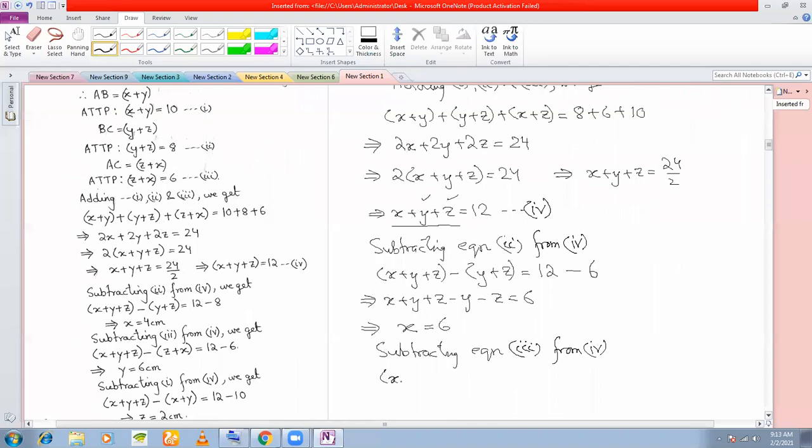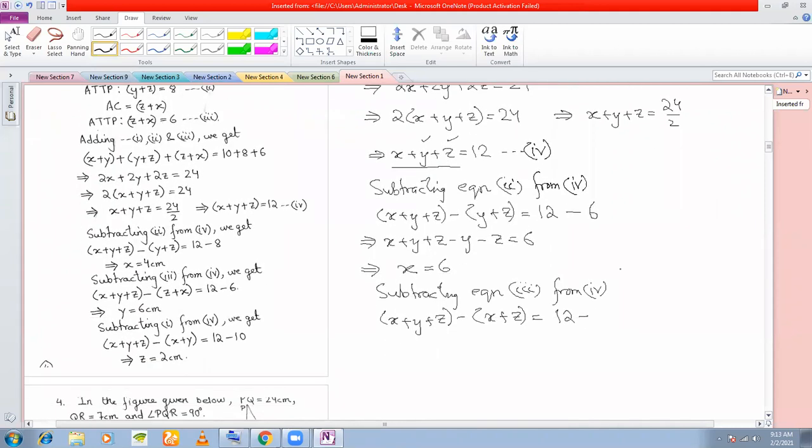You get x plus y plus z minus x plus z is equal to 12 minus, and x plus z is equal to how much? 10. You get y is equal to 2 centimeters.